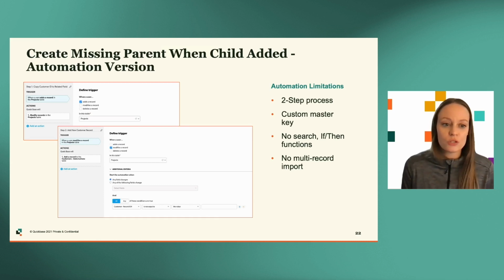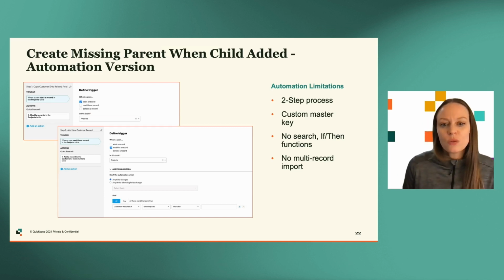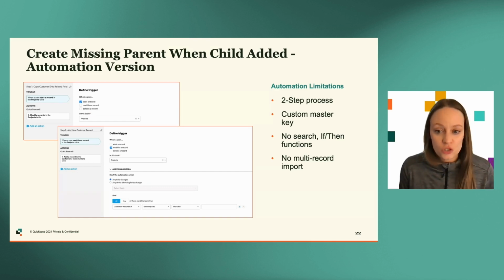Meaning that the users, or the non-users in this case, that are going to be entering their ID number don't necessarily have the Quickbase record ID number that's automatically generated. So what we need to do is give them the ability to enter in their ID number and for Quickbase to know that that's the unique key on the table.